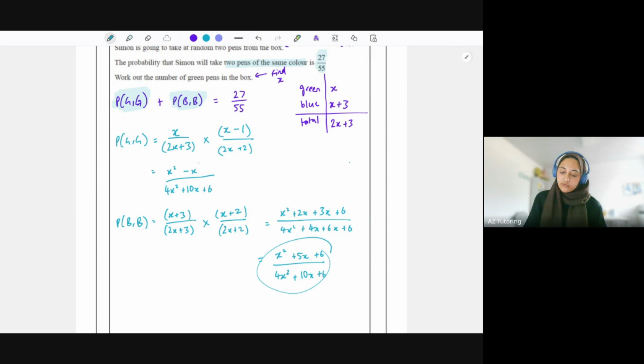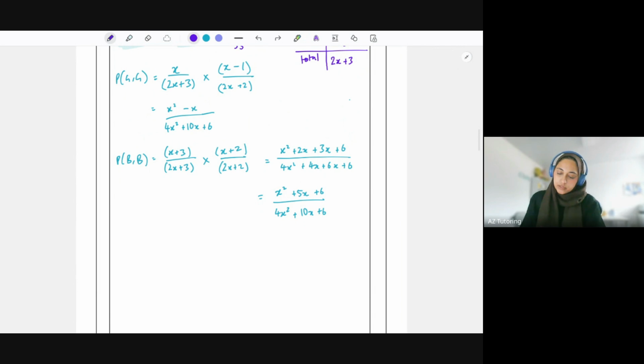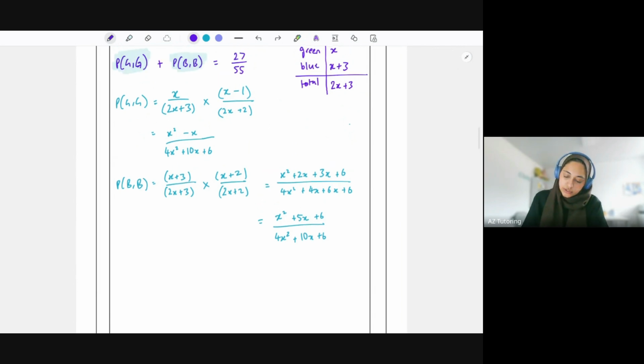So we've got it there, and we've got the probability of green, green. Now what we need to do is add both those fractions together and make it equal to 27 over 55, and we're going to solve it. So the probability of green, green, which is this here, x squared minus x over 4x squared plus 10x plus 6.